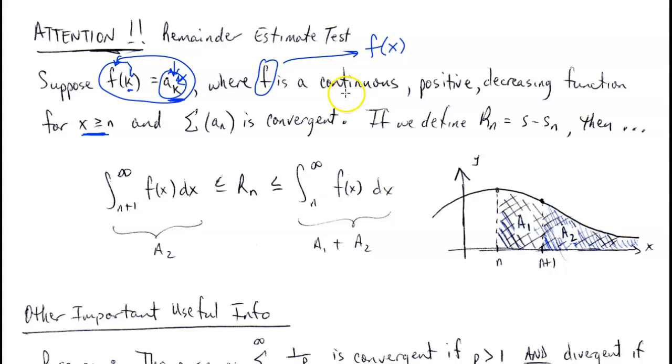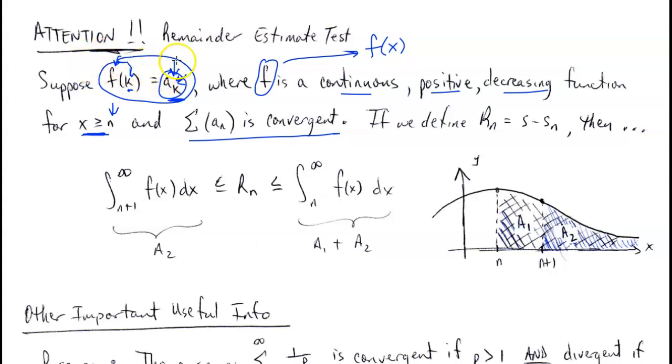If we have all that, and we know that we have a function that is continuous, positive, and I should put ultimately decreasing, for all values of x greater than some natural number where we'll start, and we know that our series is also convergent. To put this all into perspective, we've got three separate things going on.